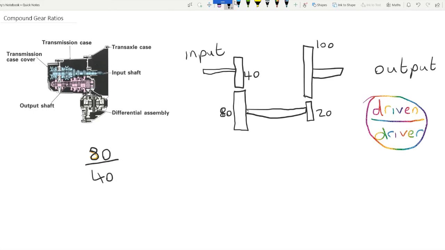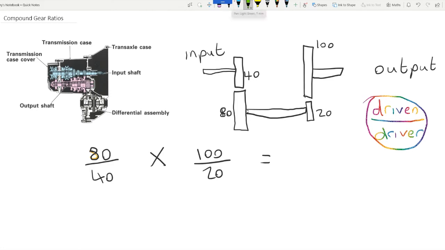Okay, and I'm going to have a look at this side here. Now, the torque is now travelling along this shaft here to the gear with 20 teeth. That now becomes, in this part of the diagram, the driver gear, and that is a driven gear. So the driven gear has 100 teeth, and it's divided by the driver, which is 20. And all we have to do in these situations is multiply these gear ratios together.